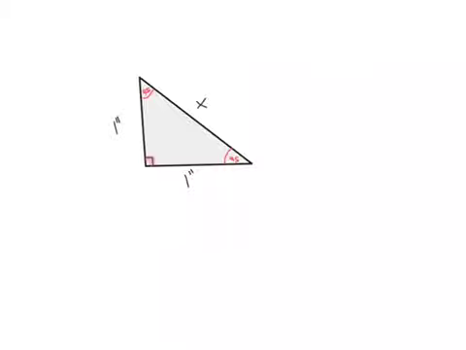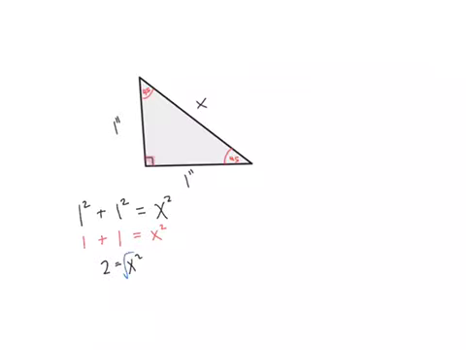Okay, moving forward, Pythagorean's theorem. A squared is 1 squared plus b squared is 1 squared equals, we're looking for x squared. 1 squared means 1 times 1, which is 1. Plus 1 squared, 1 times 1, which is 1, equals x squared. 1 plus 1 is 2, equals x squared.